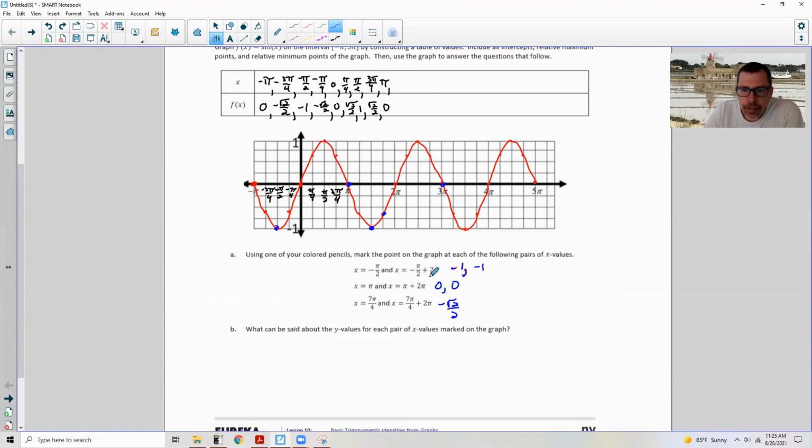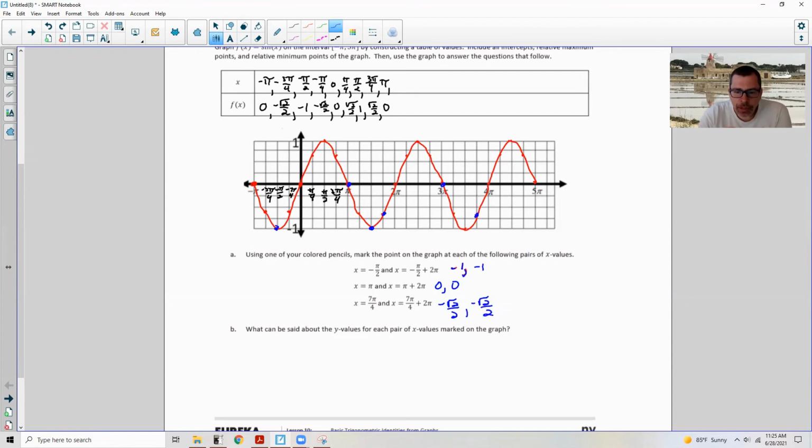And then add 2 pi to that, so that'd be 8 pi over 4 plus 7 pi over 4 is 15 pi over 4. This would be 12 pi over 4, 13, 14, 15 pi over 4 gets us to this point right there. And that is also negative square root 2 over 2.